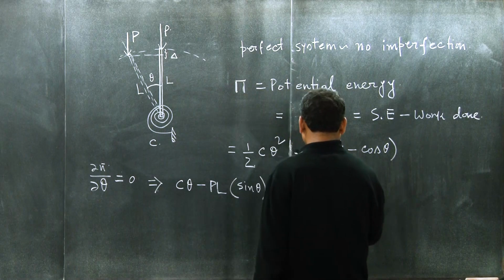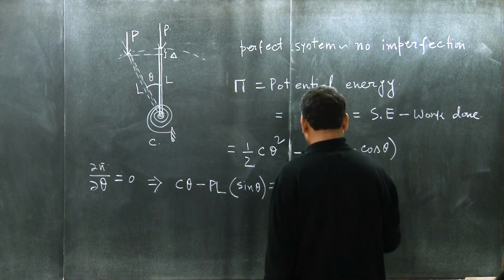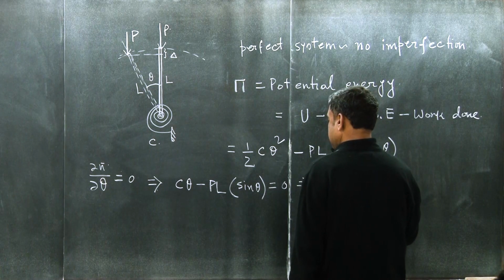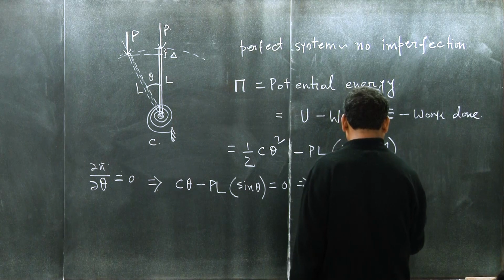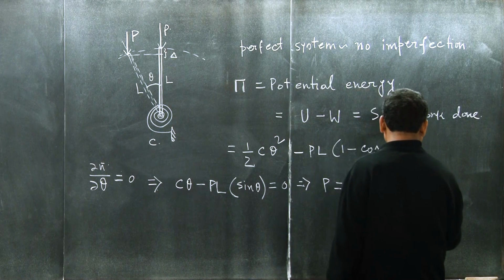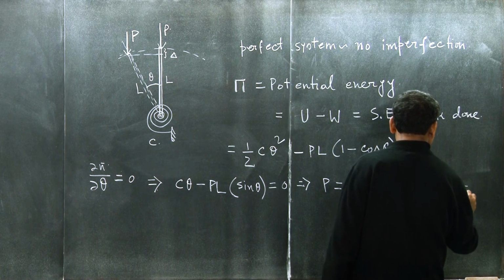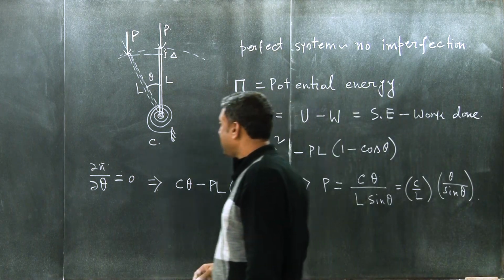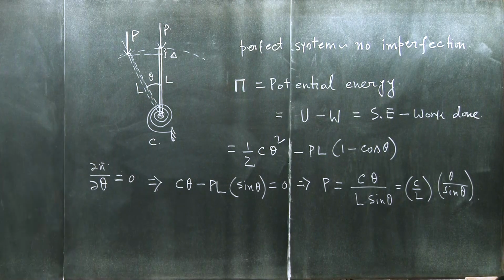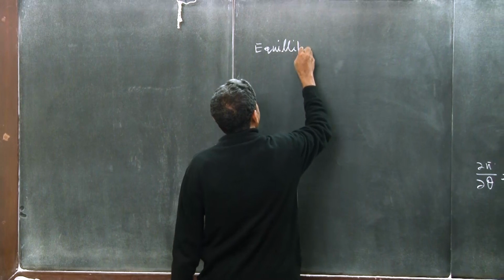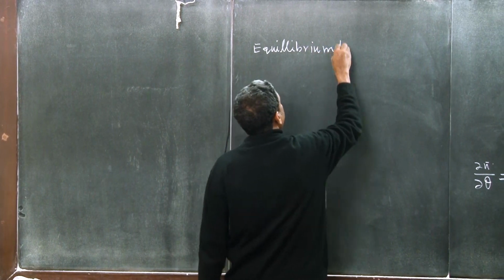So, P must be equal to C theta by L sin theta, or C by L theta upon sin theta. So, the equilibrium path is nothing but this.